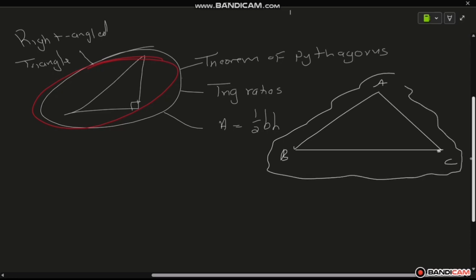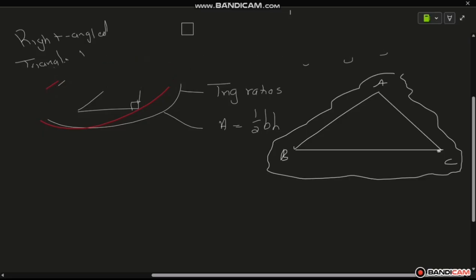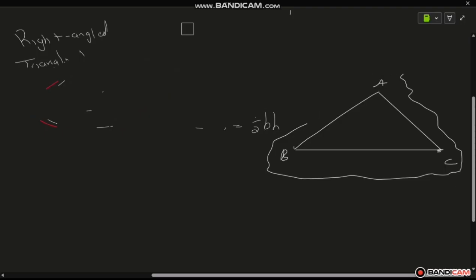We cannot use trig ratios, even the area rule, the one that says half base times height. We can't use it, but there are means that we can apply on this triangle ABC so that we can use trig ratios, the theorem of Pythagoras, as well as the area formula. So we'll start by explaining the triangle and telling you the properties of the rules. Then after that, we are going to prove the rules, but it's very vital for you to know it. It's essential that you know this stuff.